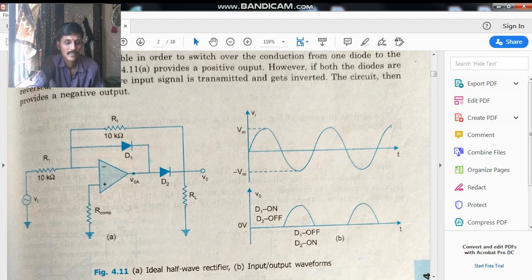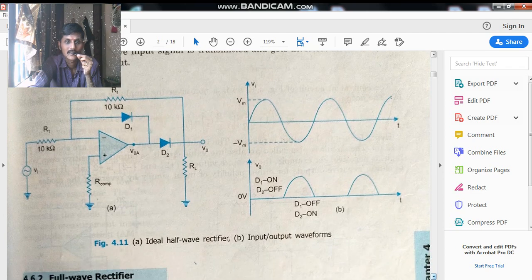We get the same output. In the half wave rectifier, one diode conducts in one half cycle and the other diode conducts in the other half cycle, so it is called a half wave rectifier. This is the circuit diagram we already showed in this figure, so you go through this. The diode will be on when VA is more and off when VA is less. This is the concept.